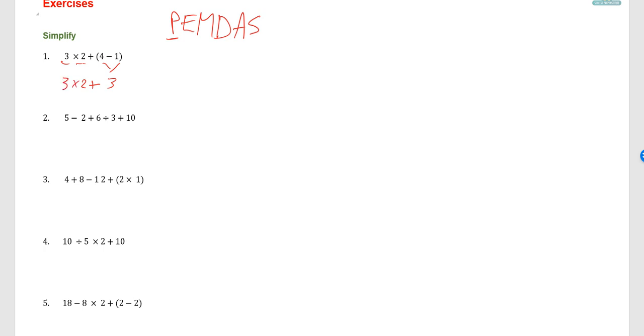After the parentheses, I need exponents, but I don't have any exponents, so forget the exponents. After that I have multiplication, which I do have, right? So 3 times 2 is 6, and then plus 3, right? And then just simple addition is 9.